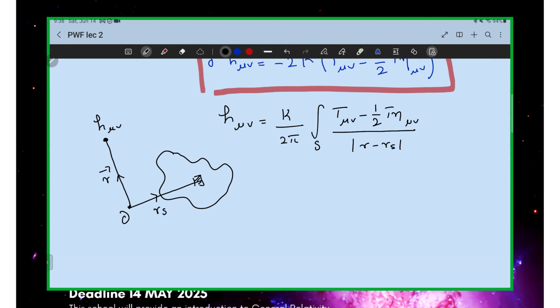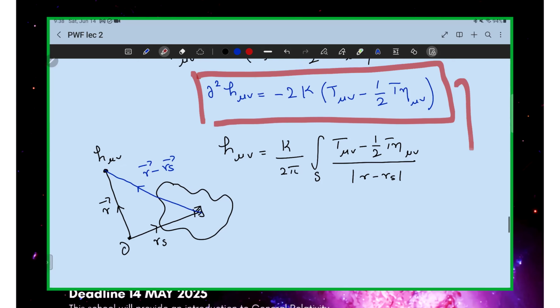And if you calculate this vector, this vector is R minus RS. So this thing in the denominator just means the distance between the source and the point where you are evaluating the gravitational field. Okay, so this is the solution of the equation that I wrote above. Although we won't need the solution, I'm just telling you that we can solve this equation pretty easily.